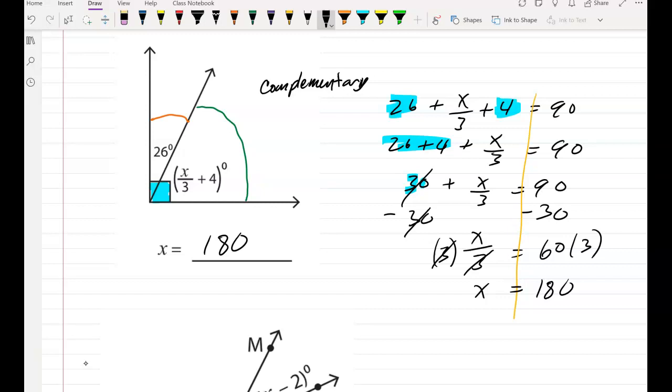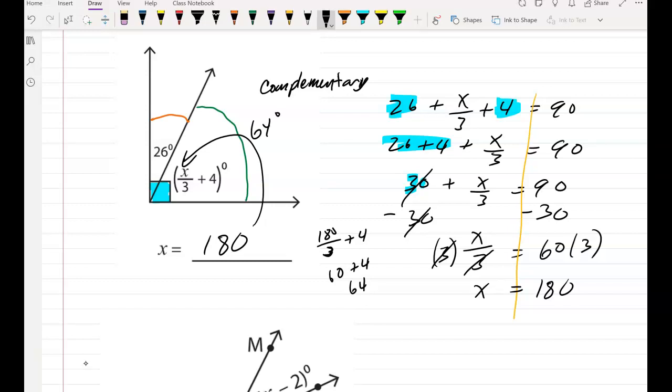So if we put that 180 back in for x, that would be 180 over 3 plus 4. Now, what is 180 divided by 3? Well, that's 60. 60 plus 4 is 64. So this would be 64 degrees over here.